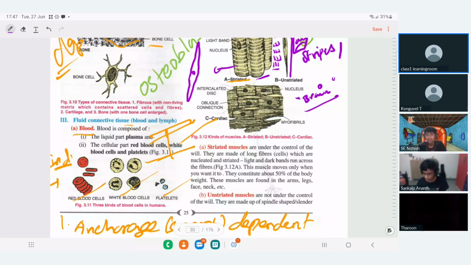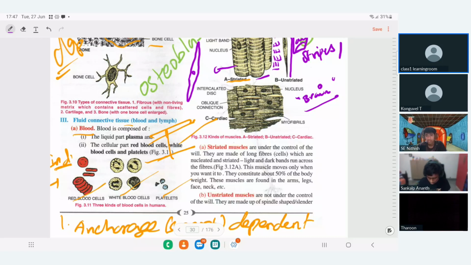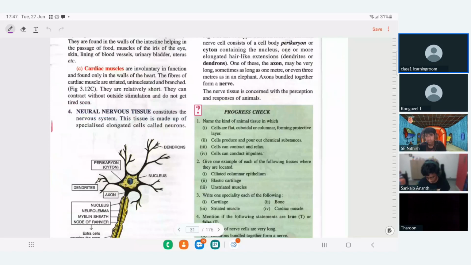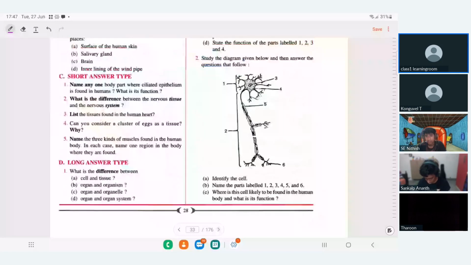Today we will finish this chapter. Very easy chapter. We are going to finish it by today. And maybe from next week, we will be starting with the next chapter, Flower. Don't worry, we'll finish it fast.